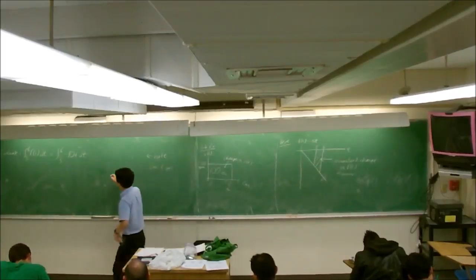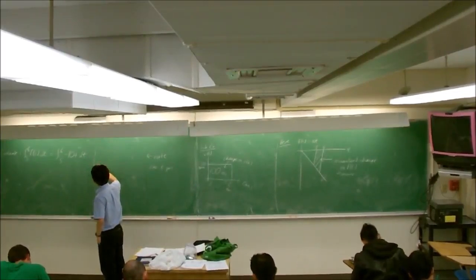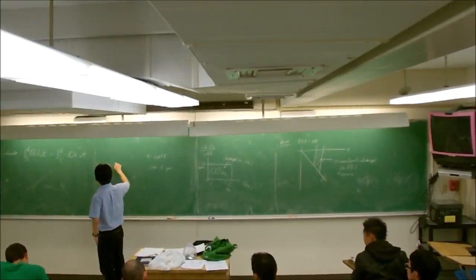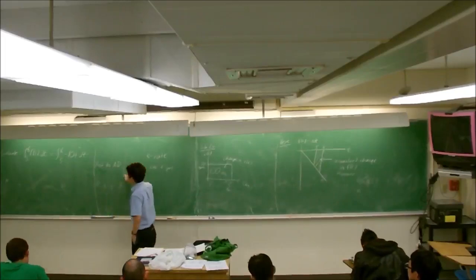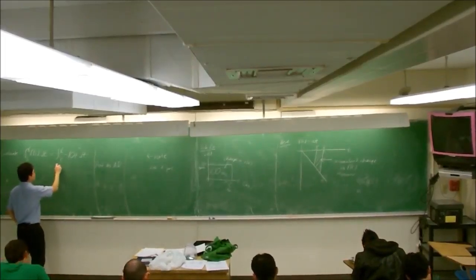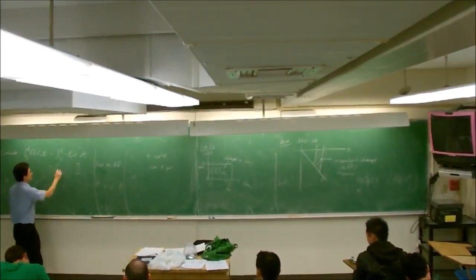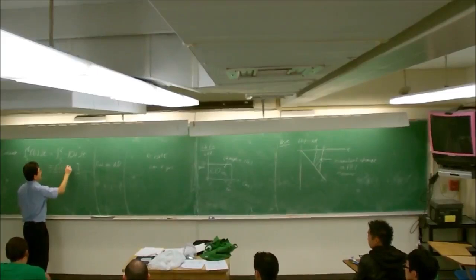Now here, I'll make some comments. You want to find an antiderivative, and we normally put that in brackets. Well, the negative t pops out. Integrate.